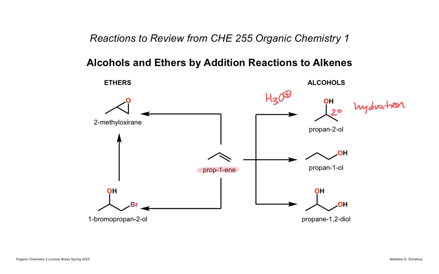You can make the primary alcohol through hydroboration, oxidation, and that used BH3, THF, and sodium hydroperoxide.